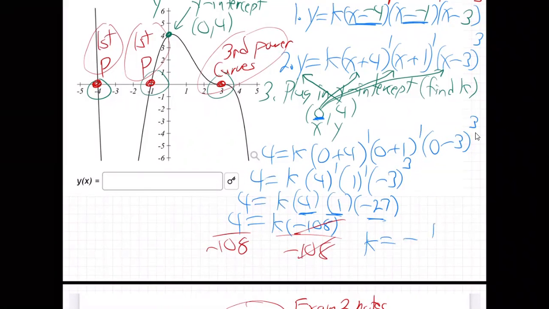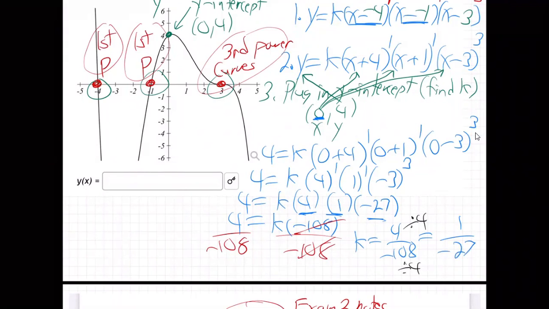K is negative. I think it's 1/27th, isn't it? Let me write it a little more clearly over here for you. So k, and then if you divide top and bottom by 4, you get 1, and 108 divided by 4 is 27.